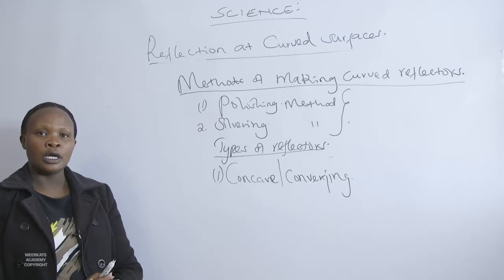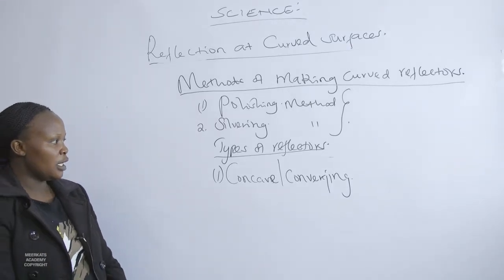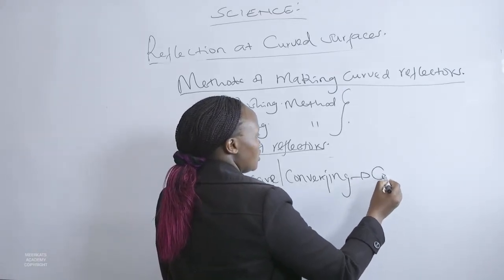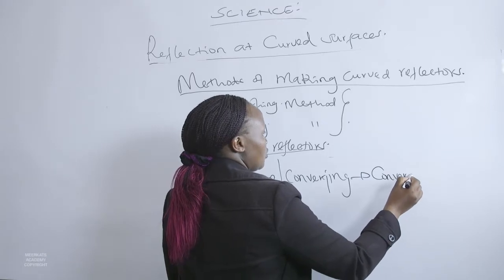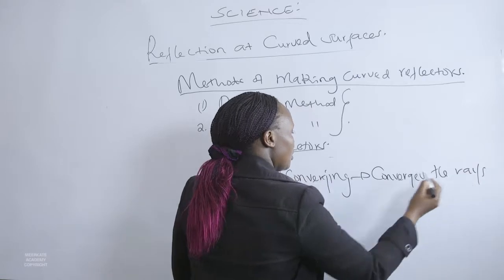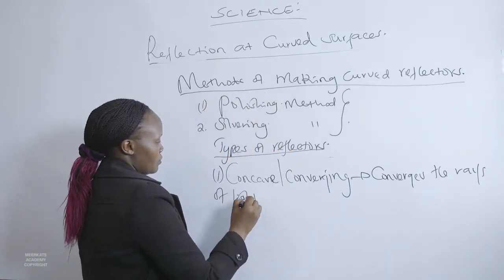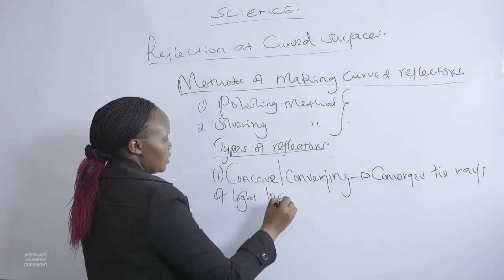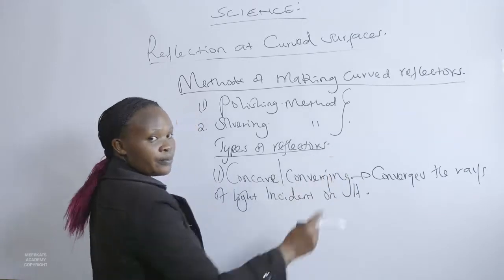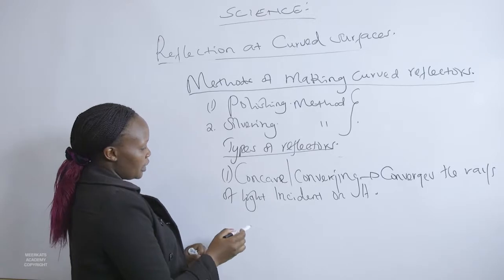That is one of the types of curved surfaces that we have. And this one converges. It converges the rays of light incident on it. Converging means bringing together.